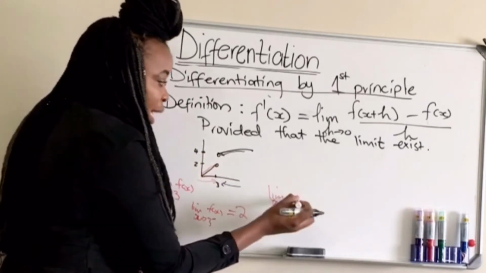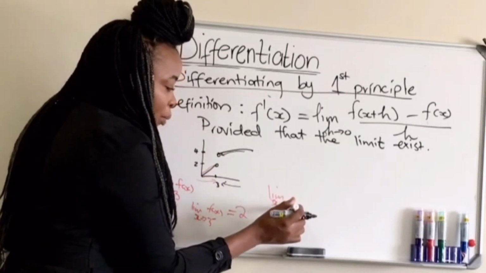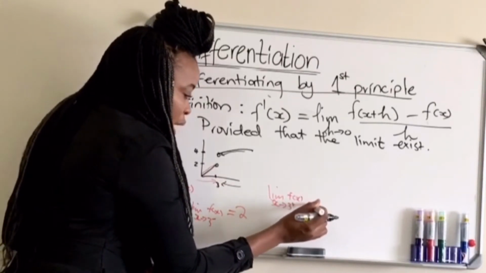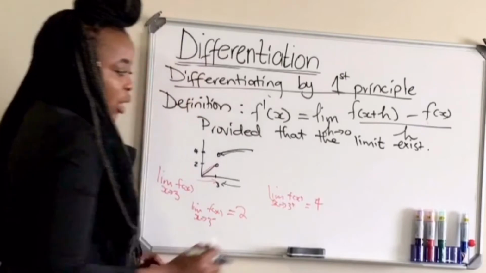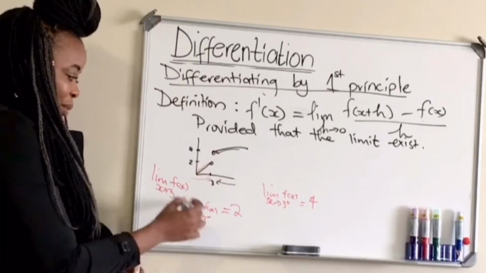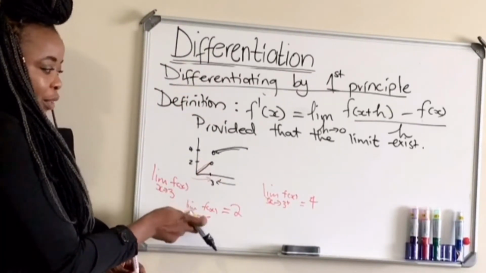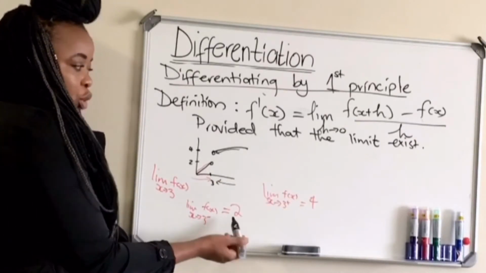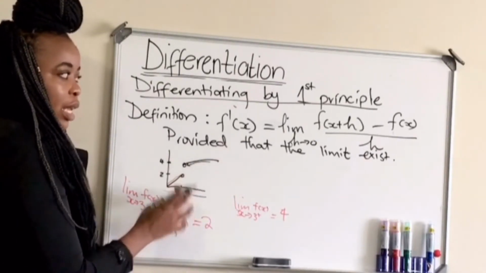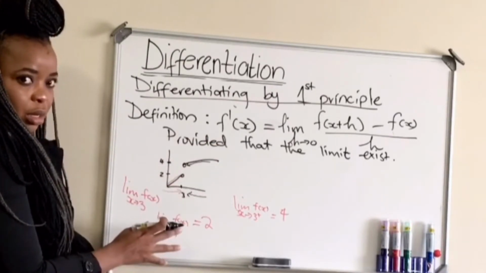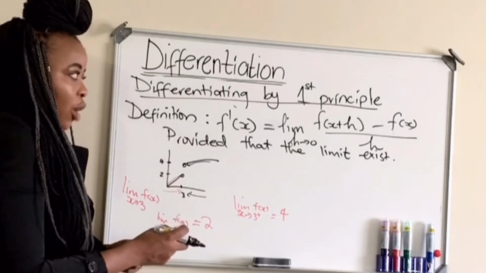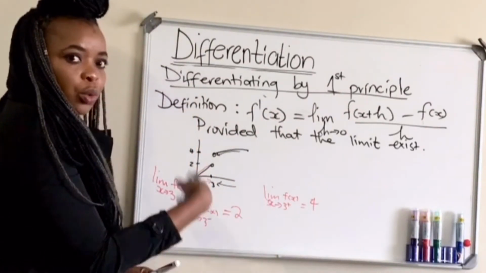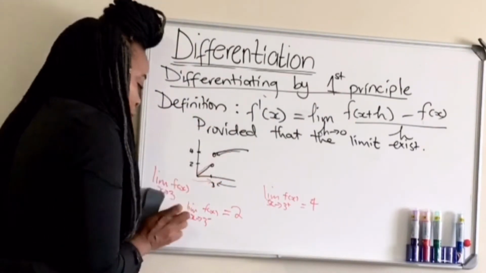So the limit as x approaches 3 from the right of this function is getting closer and closer to 4. That means the limit as x approaches 3 from the left is not equal to the limit as x approaches 3 from the right. So because 2 is not equal to 4, this limit won't exist. Therefore, we would not use the first principle of differentiation to find this derivative.